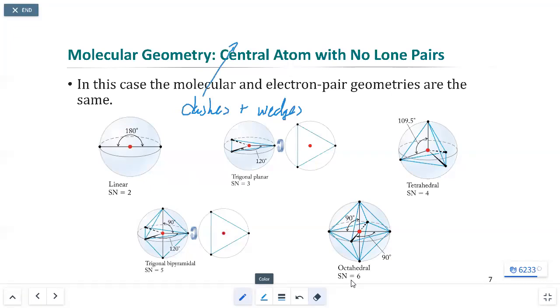Dashes show objects going into the plane of the paper. And we'll draw them just like that. And you can see examples of dashes in some of these three-dimensional shapes here.